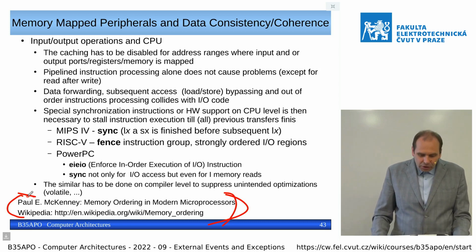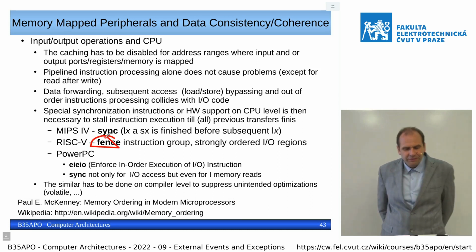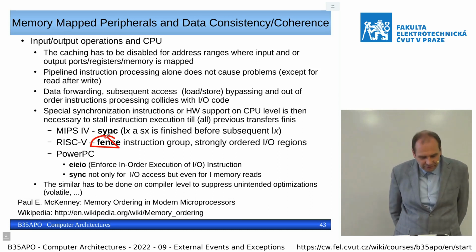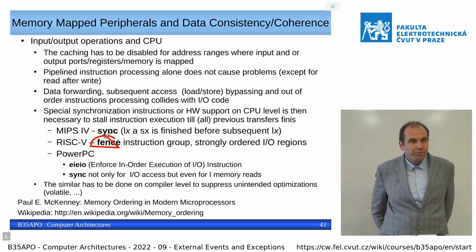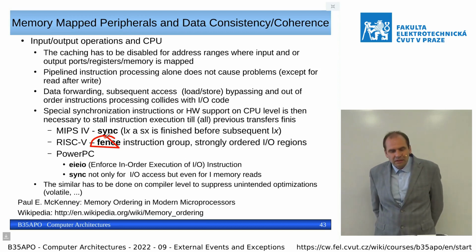And you can put synchronization barriers between instructions on the processors. For example, on the RISC-V, it is the fence instruction. And you can put all those fence instructions everywhere where you can expect that there can be a problem, that the data can be modified out of order by the processor.